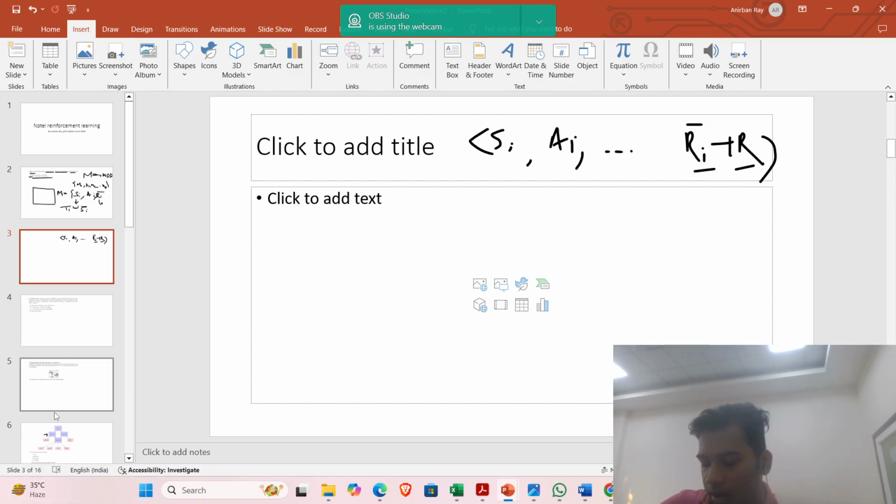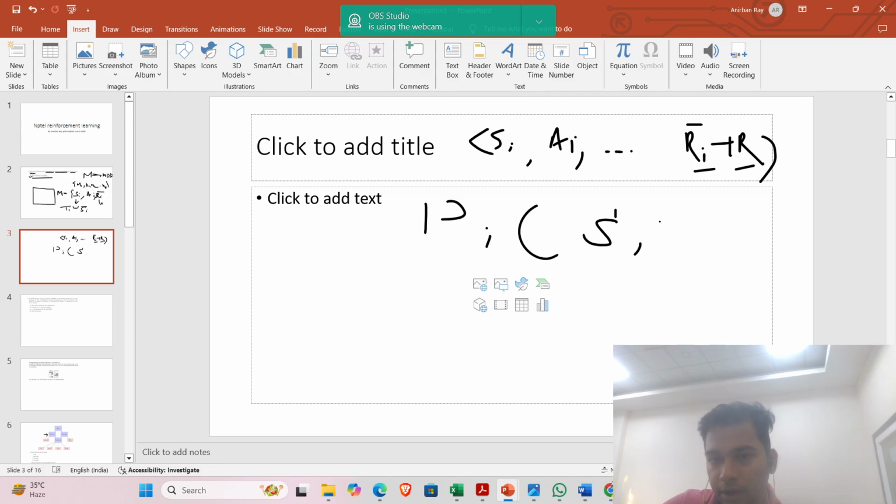And the transition probability is what we have seen before. S dash, tau.